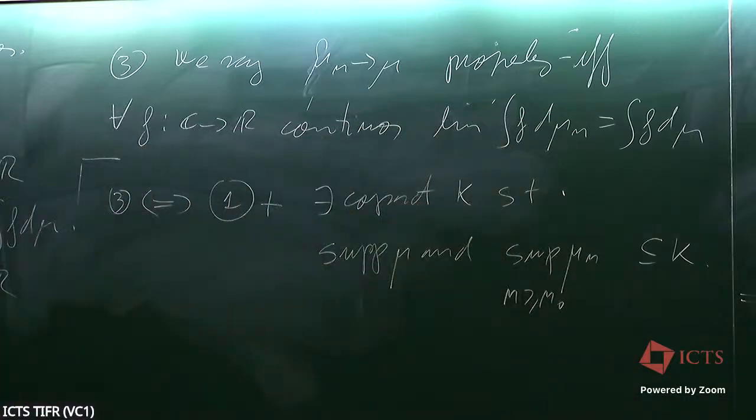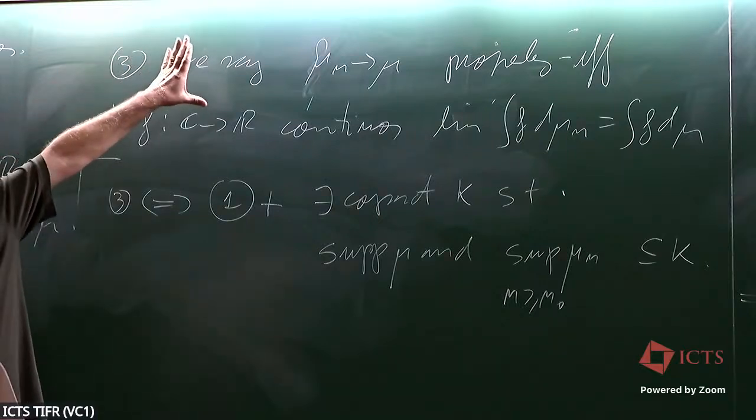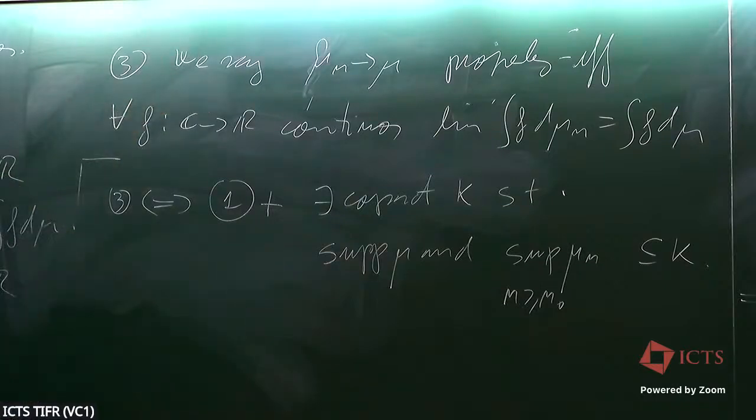You need a common compact support, and then you need convergence. But in some sense, this convergence is too strong, and sometimes you don't have it. So in general, the equidistribution principle only gives you weak convergence.